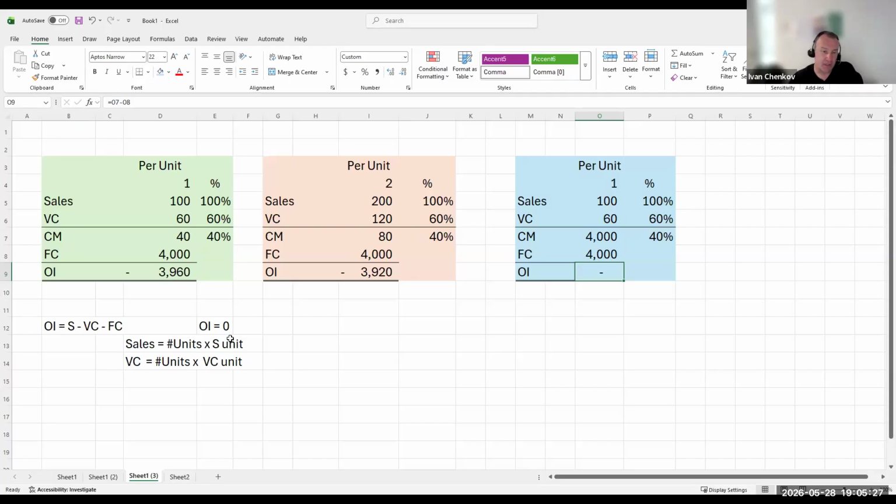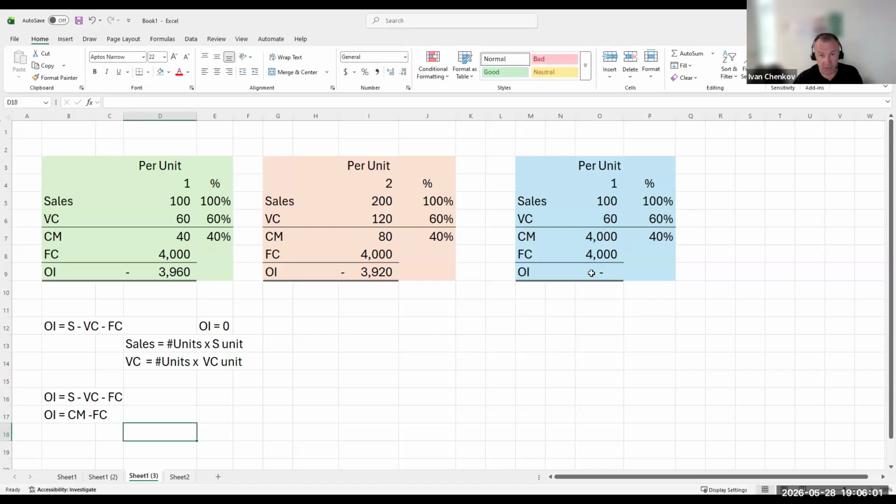Right? So, in other words, from this formula, operating income is equal to sales minus variable cost minus fixed cost. But from this formula, we can see that sales minus the variable cost is equal to contribution margin. So in that case, my operating income should be equal to contribution margin minus the fixed cost.